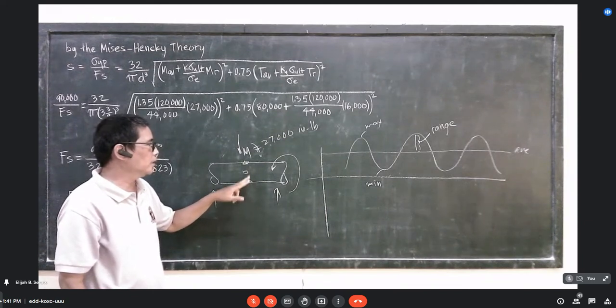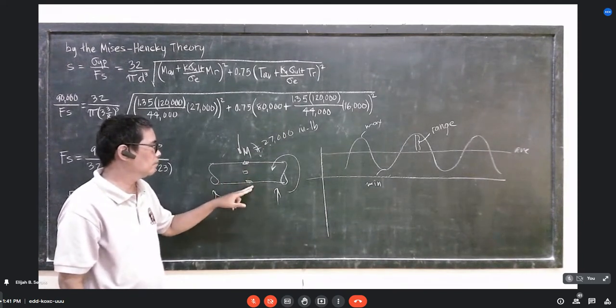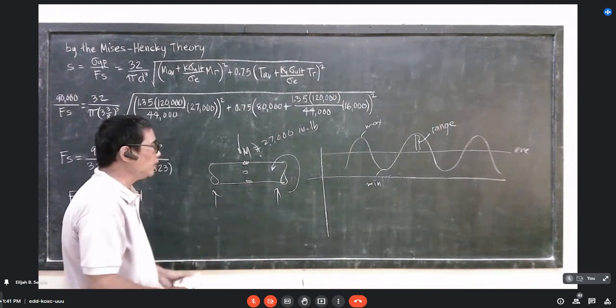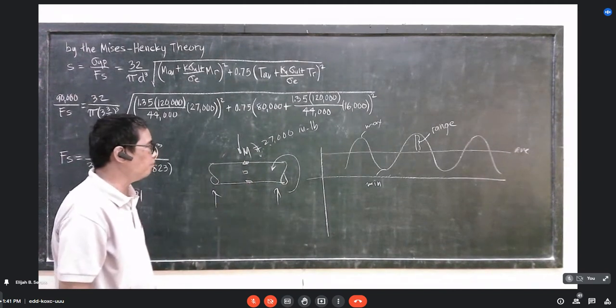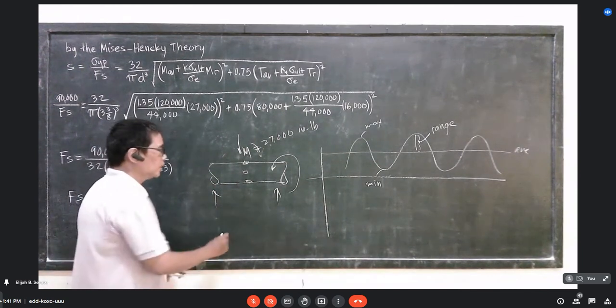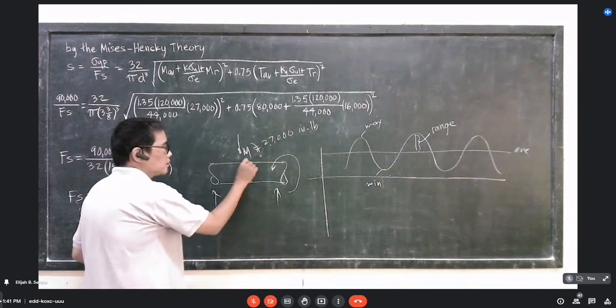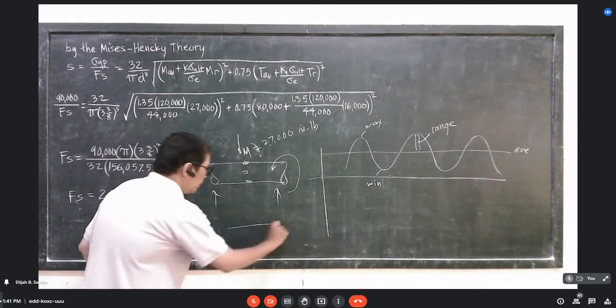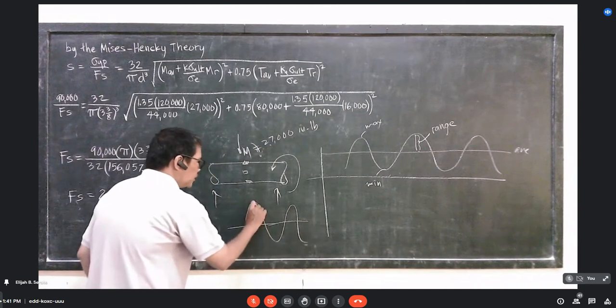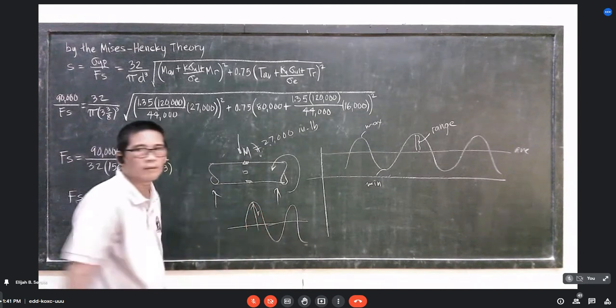And what are the magnitudes? The same in magnitude. So actually, in terms of the element, it is range. It is from tensile to compressive, tensile to compressive. It is a range moment.